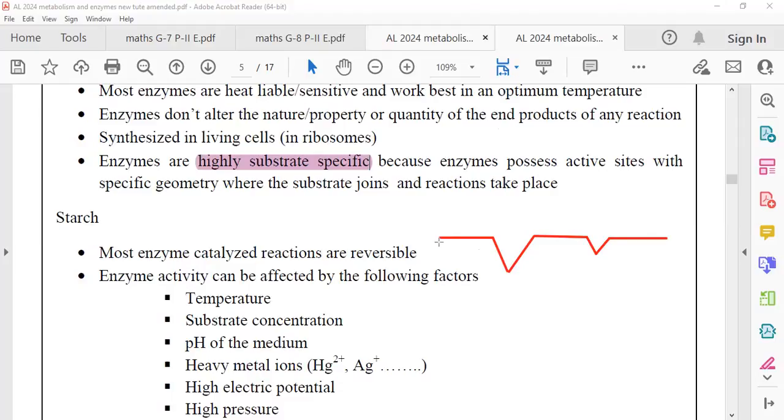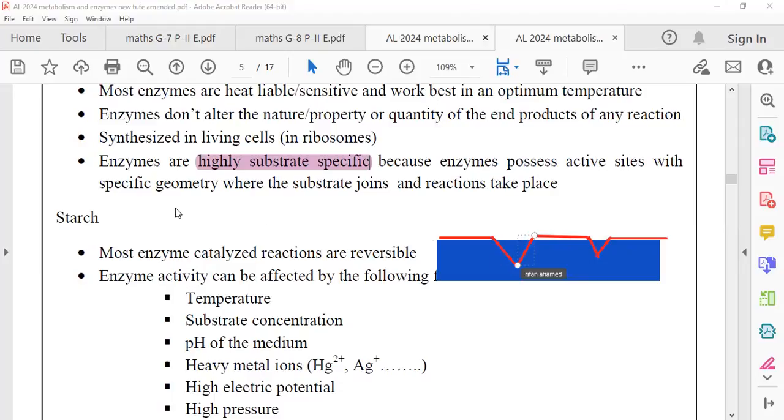The filling part will be there. This piece will go and fill there. Understood? Yes, sir.